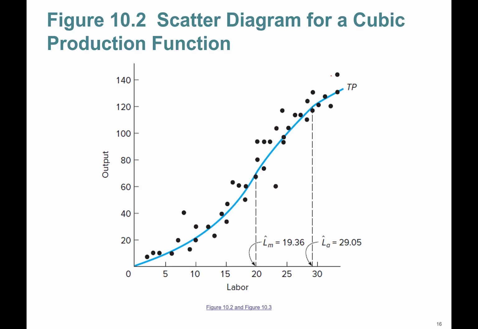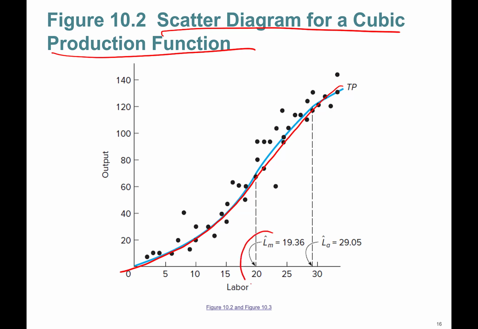This is a scatter diagram for a cubic production function. As you can see, it is S-shaped, okay? And then you will see that diminishing marginal product sets in around 20 workers, and average product starts diminishing at about 29 workers.